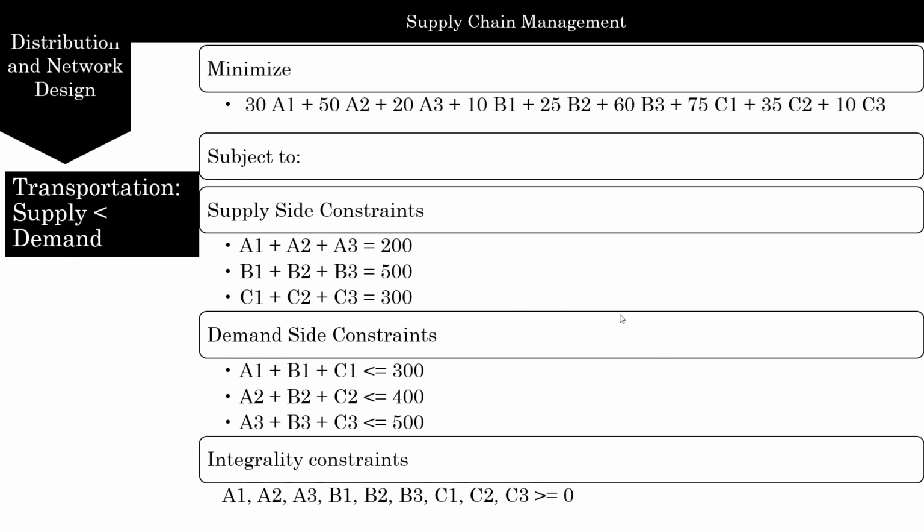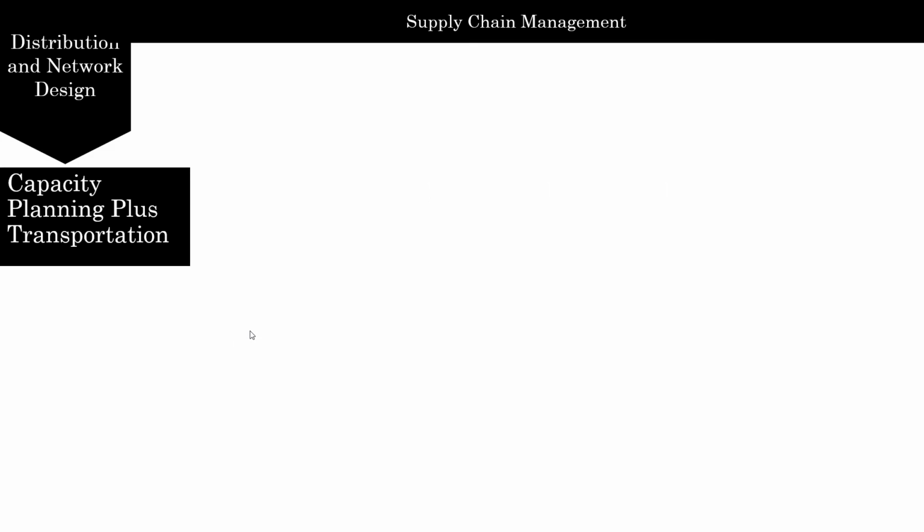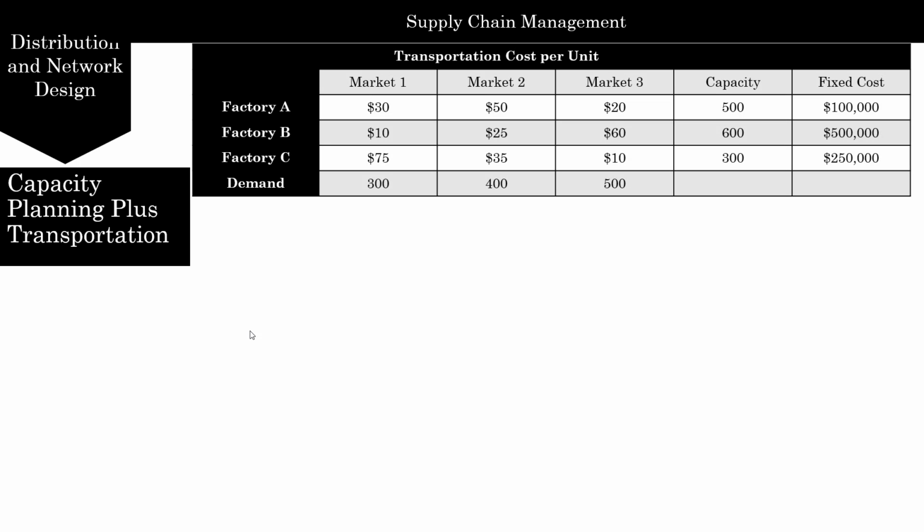Okay, so capacity planning with transportation is not very different, except that in transportation, we already have those factories already created. In capacity, we have the potential of having these factories, A, B, and C, but this capacity of 500, 600, and 300 does not occur until we incur a fixed cost of 100,000, 500,000, or 250,000.